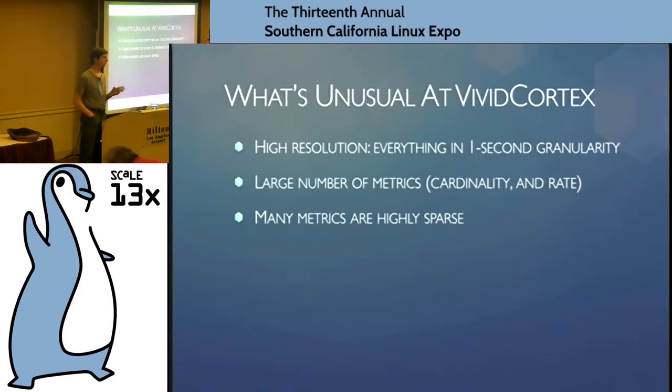But I think probably 10 samples a second is even better than 1 second. But 1 second is already several orders of magnitude more than your typical monitoring system. If you think about most of your monitoring systems, you'll get 1 minute resolution at best. Like RRD-based systems, you'll typically get 1 minute at best, and that's usually only if you configure it that way.